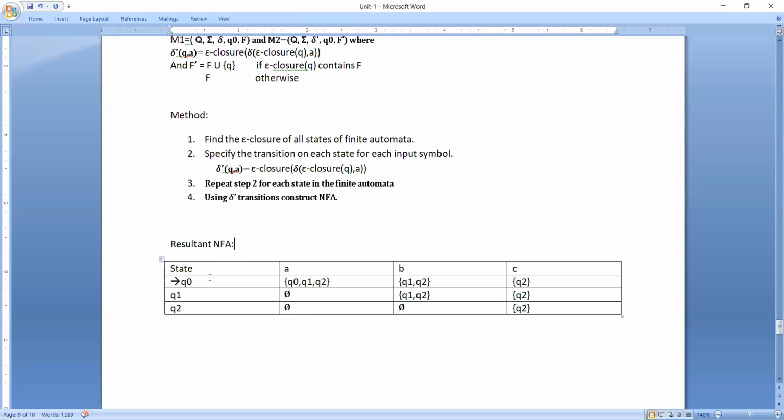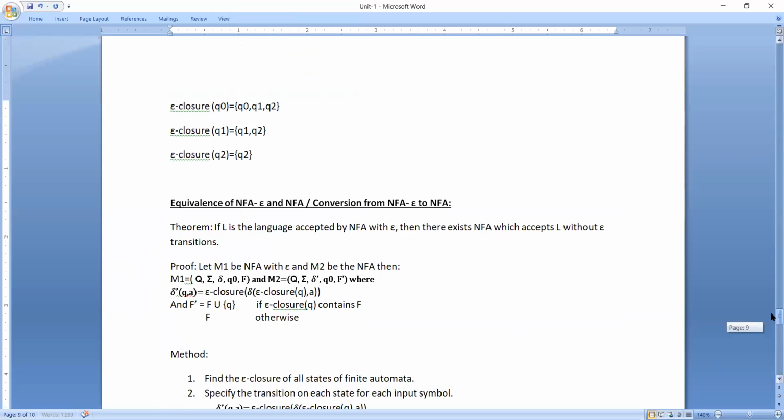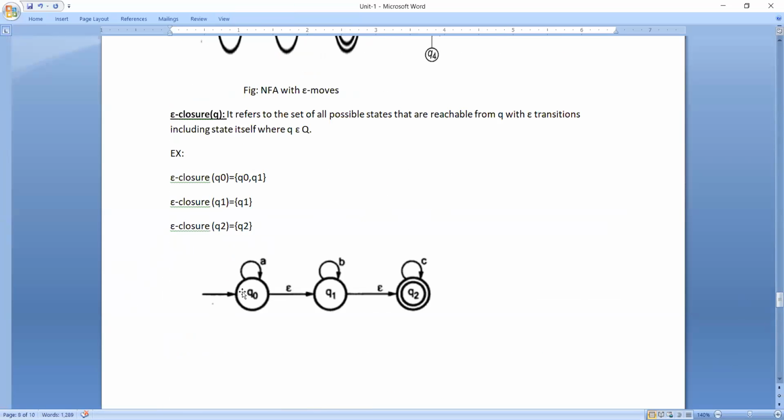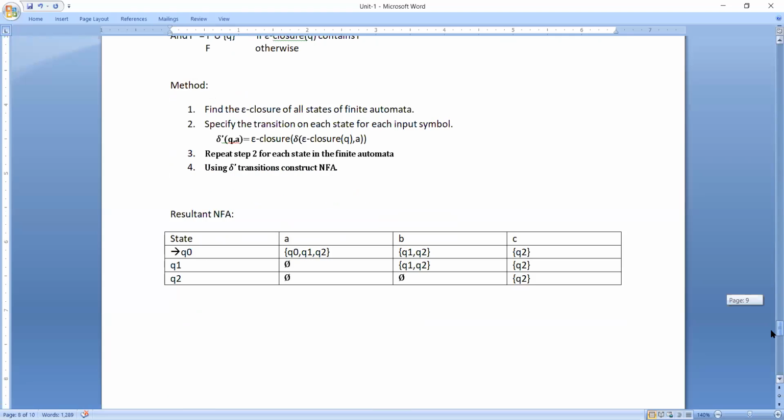Please observe. These are the three states we have in our NFA epsilon. The same states are again coming over here for NFA. What is our initial state in our NFA epsilon? Q naught. The same state will be there in our NFA also.